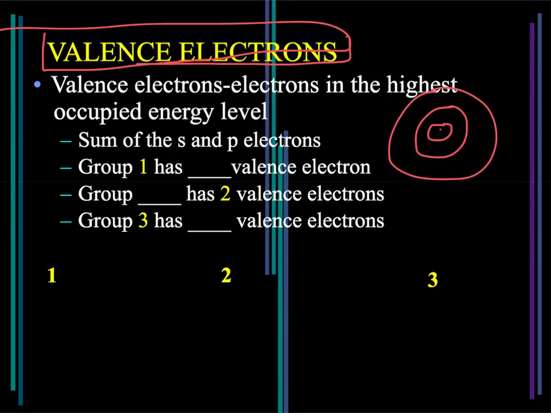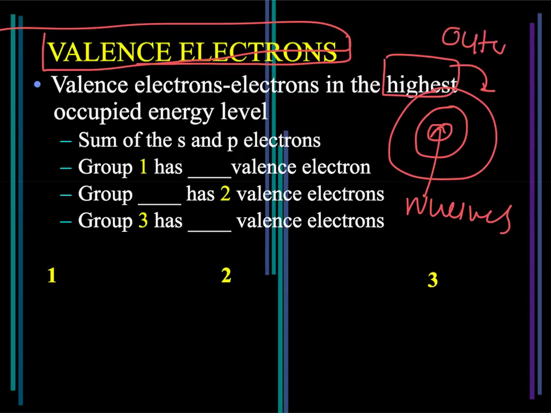Let's just say this is the nucleus. What we're talking about when we say highest is going to be the outermost occupied energy level. That's how many electrons are in the outermost or highest occupied energy level.